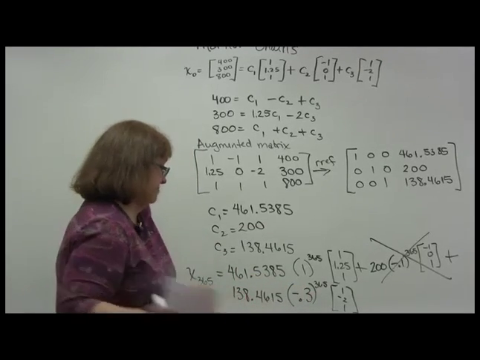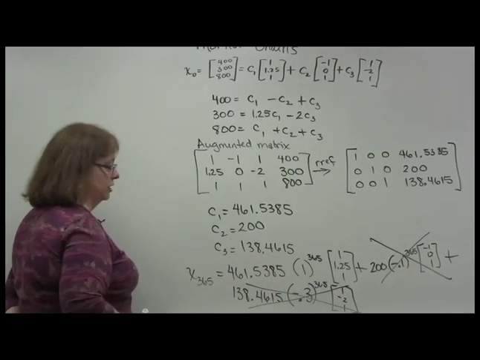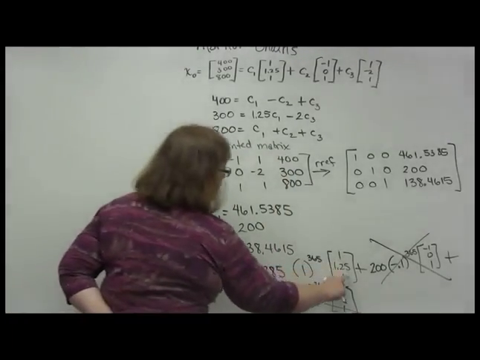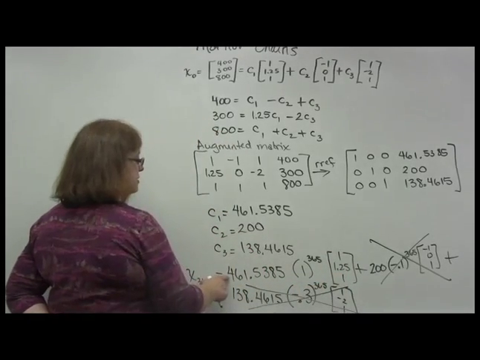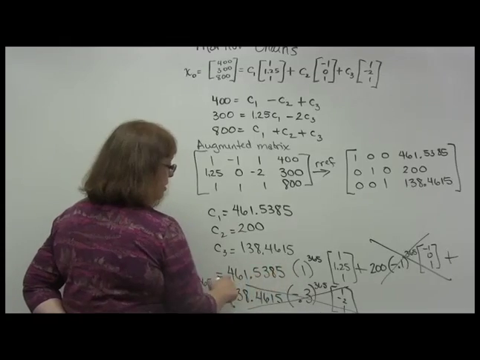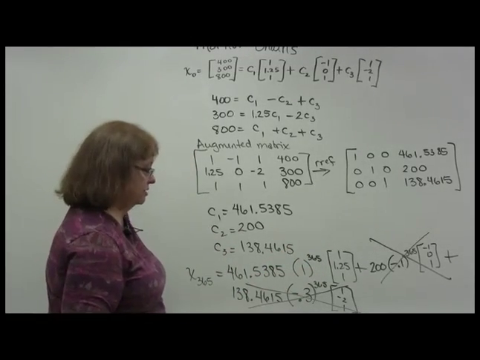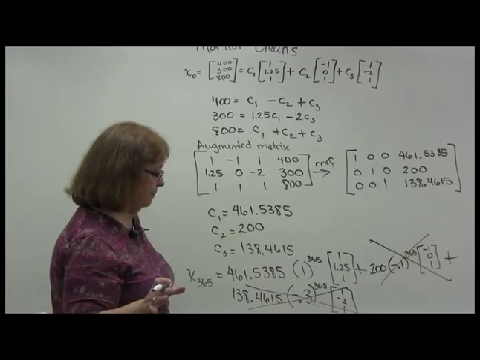Same deal, right? It's gone. Pretty much doesn't do anything. It all really boils down to the eigenvector and the C1 because that corresponded to 1, because everybody else is so small that when you raise it to 365th, it's gone.